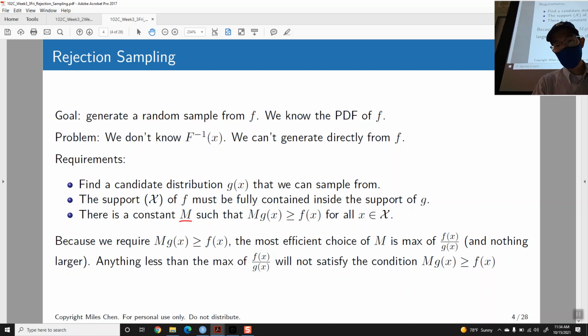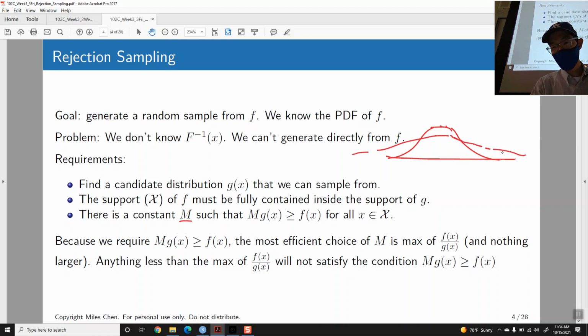An example where this is sometimes violated: if you look at the tail of the normal distribution, and let's say you look at the t distribution. This is exaggerated. The t distribution just has a much wider tail. They both have the same support, from negative infinity to positive infinity.